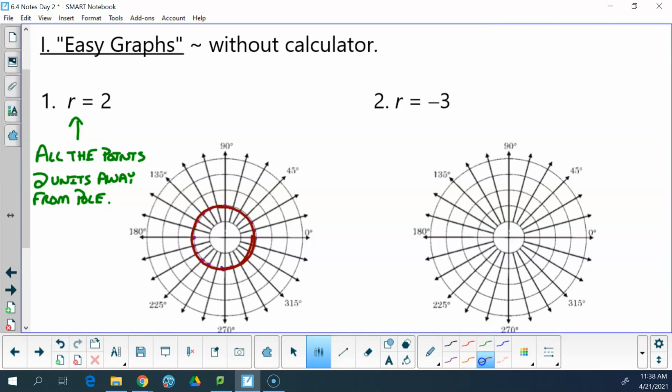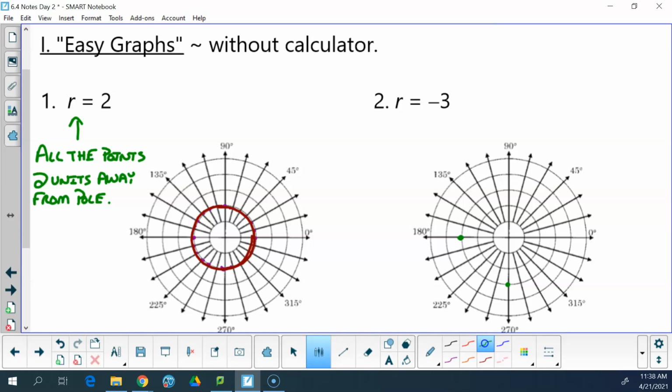Number 2 then is saying we want all of the points -3 units away. Well, remember, in a polar graph, if I start at 0 degrees, r equals -3 would actually be right there. If I go up to 90 degrees, r equals -3 would be right there.